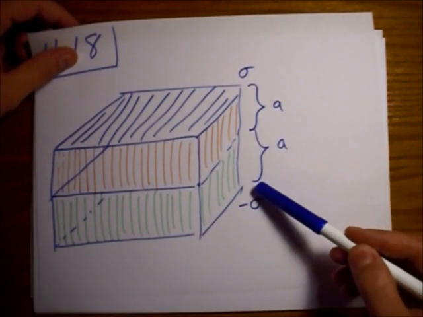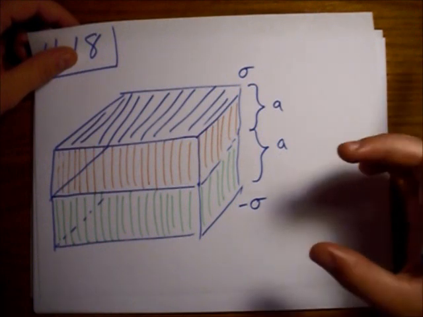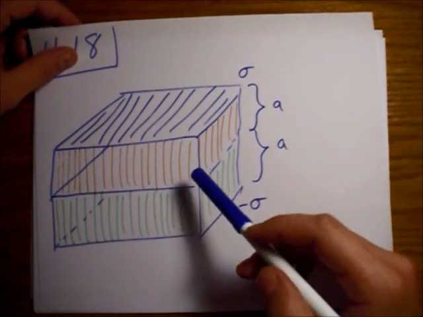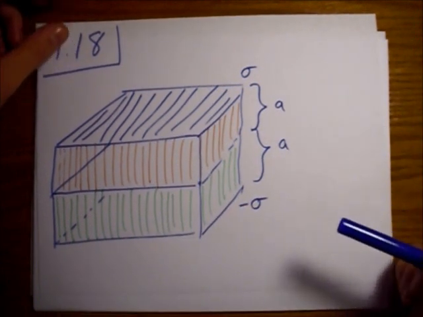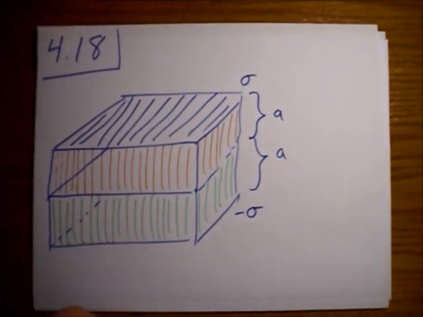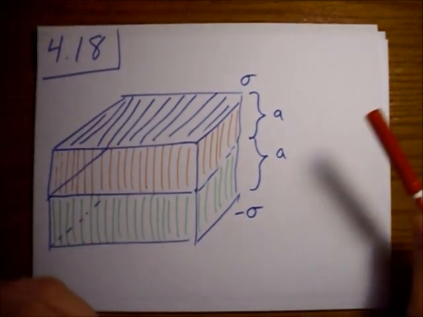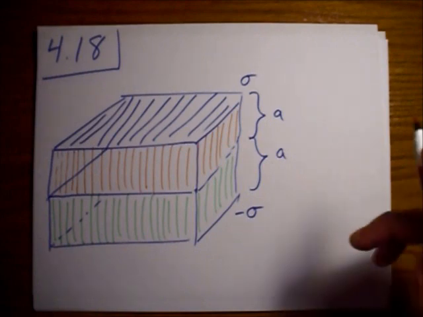They're each width of A, two different dielectric constants. In fact, I believe I'm going to try and use different colors, right?